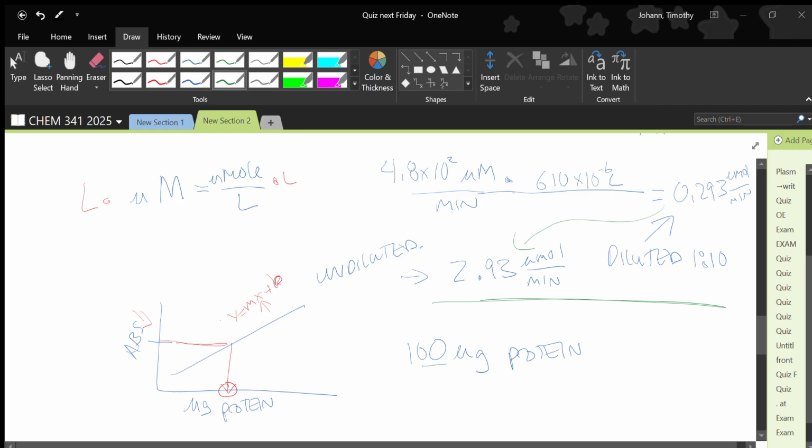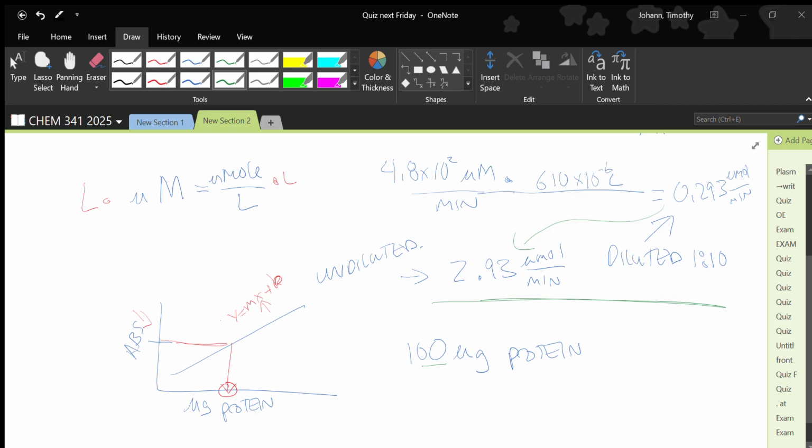That was in the sample that you measured. How much of that protein did you add to your activity assay, way back when you did the previous lab? How much of that was enzyme? 10. Okay, so you added 10.